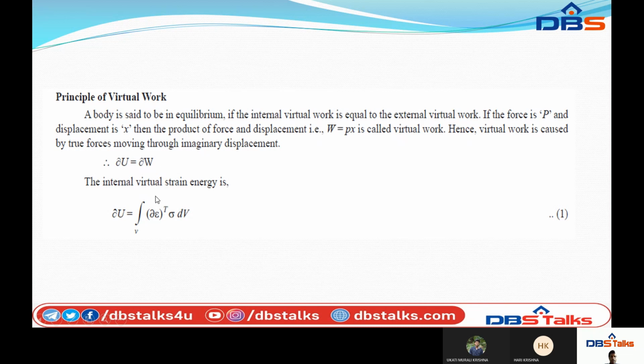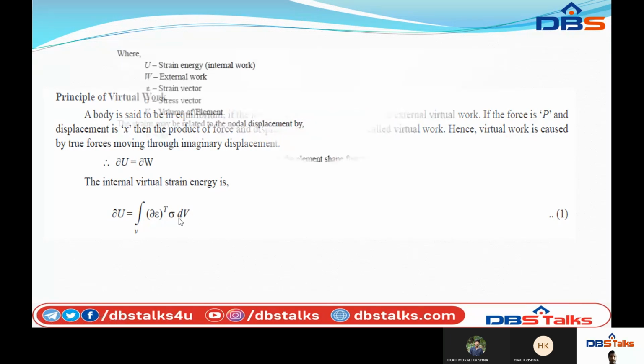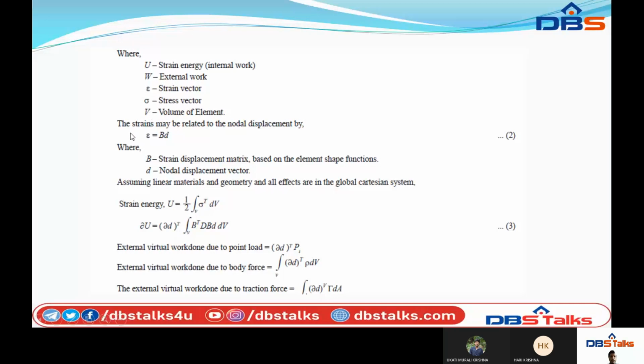We already know that work done is taken in terms of the integral over V, where ε is the strain vector, σ is the stress vector, and dV is the derivative of volume, the volume of the element. Then the strains may be related to the nodal displacement by ε equal to B d, where B is the strain displacement matrix and d is the nodal displacement vector.